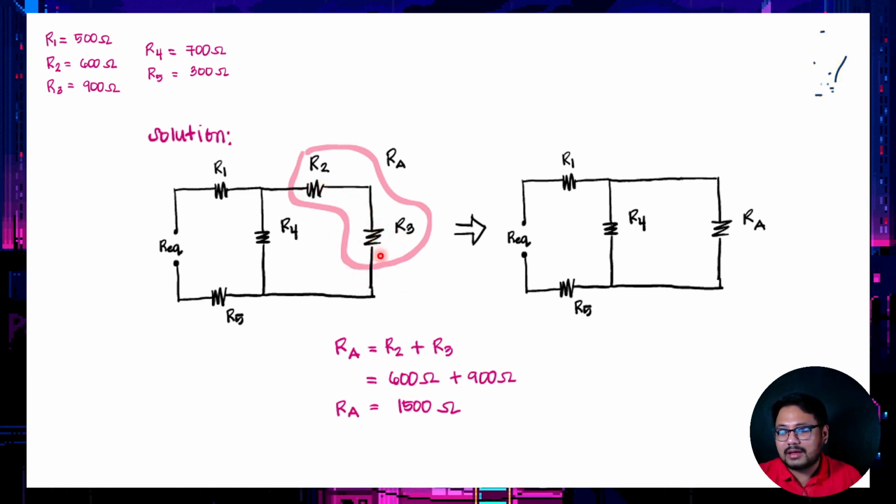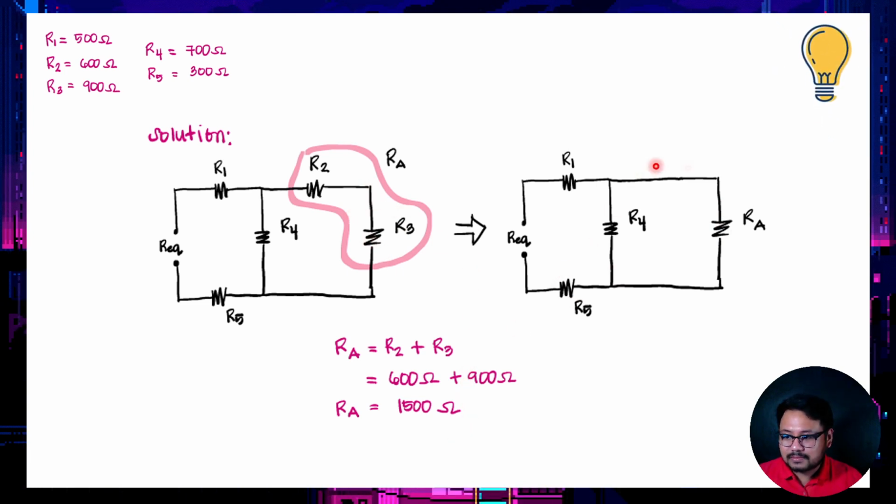R2 and R3 are connected in series because their ends meet, and the other ends of R2 and R3 are connected across R4. So R2 and R3 are in series, and we can represent that as RA first. So we could now have this kind of circuit. This is actually the equivalent circuit. As you can see, it made our life simpler. So RA is just R2 plus R3, which is 1500 ohms.